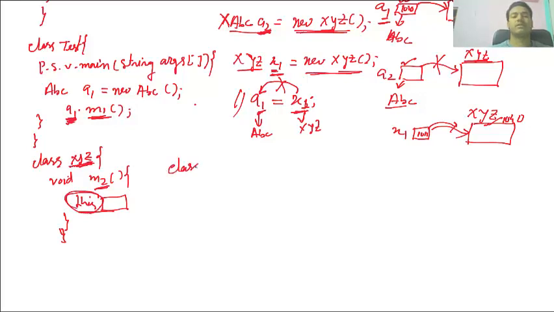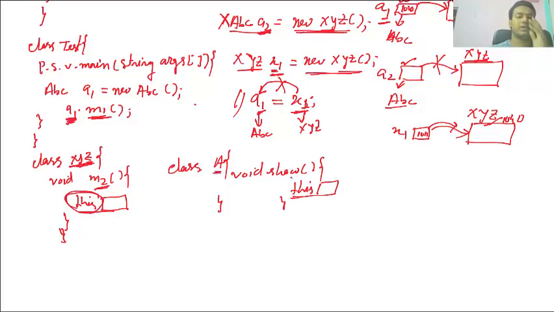This keyword is always of current type. So if I have a class A, and inside this A somewhere I have a method, say void show method. Inside the show method, if I have a this, then this should be of type A only.